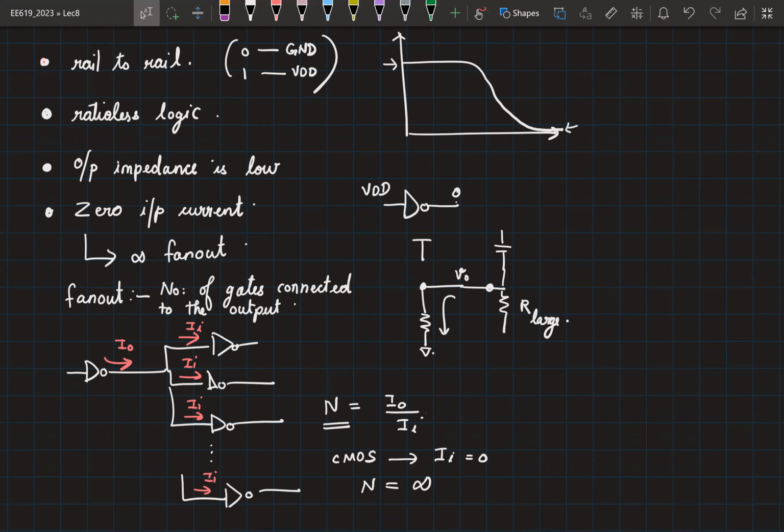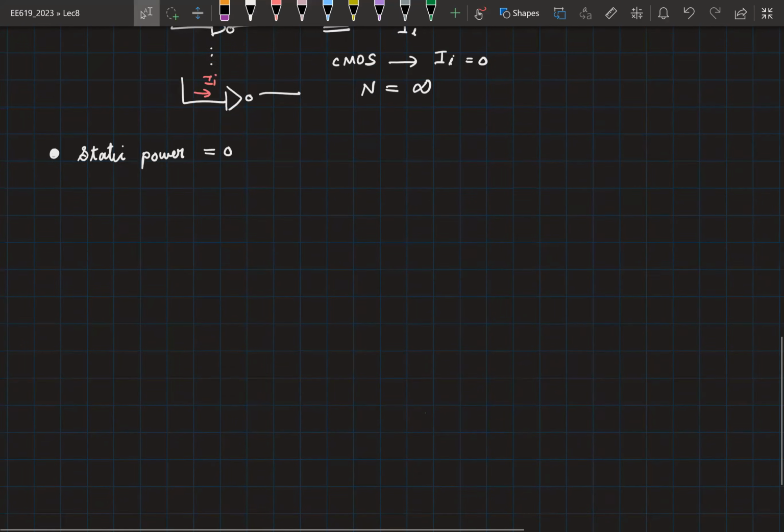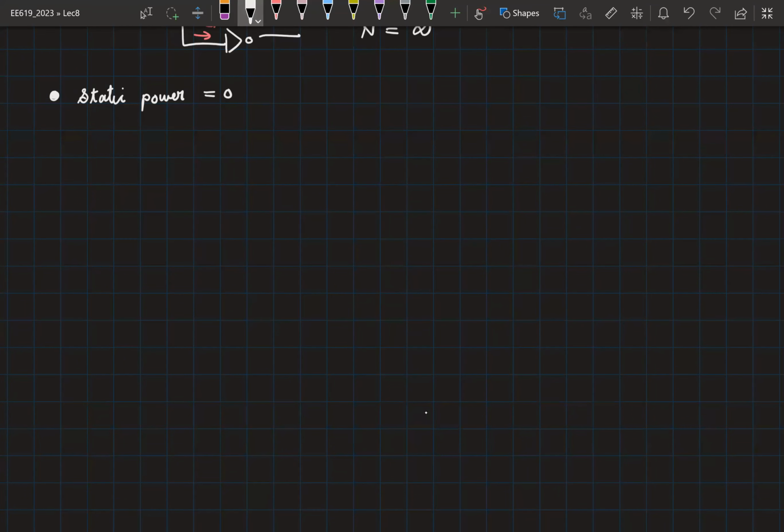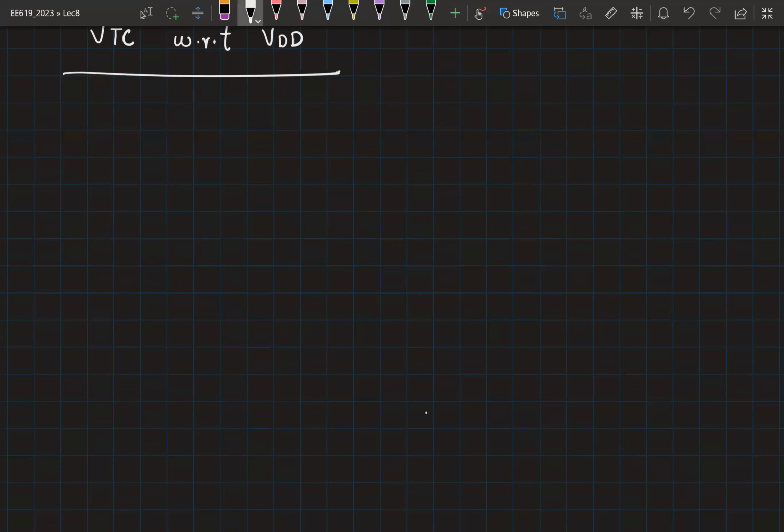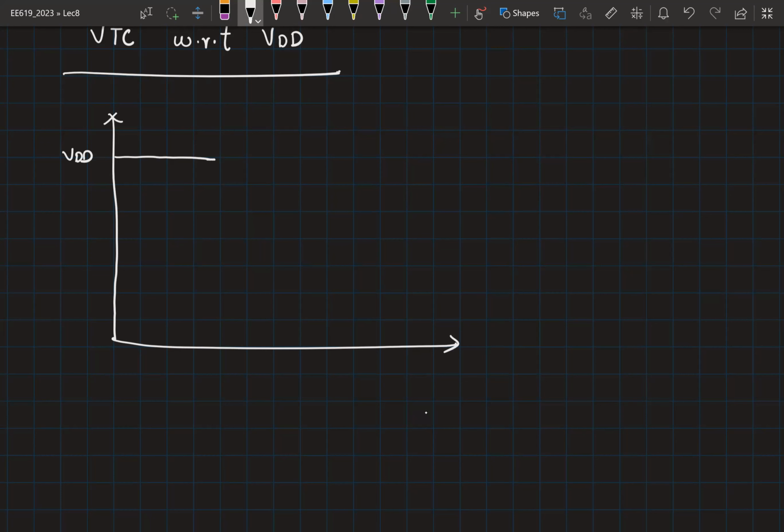Okay, so now let us quickly look at how the inverter VTC is going to vary as you change the supply voltage. So let's say when we are operating with a supply of VDD, you had a characteristic like this.